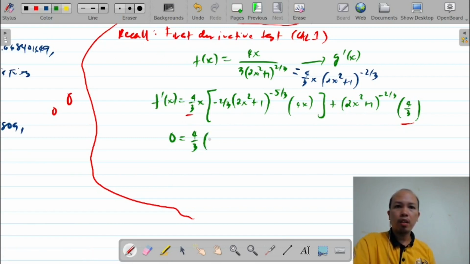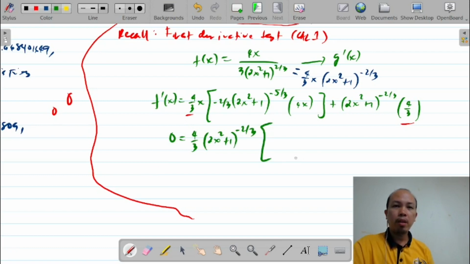Let's factor that out, and what remains in the first term is x², and how about the constant?